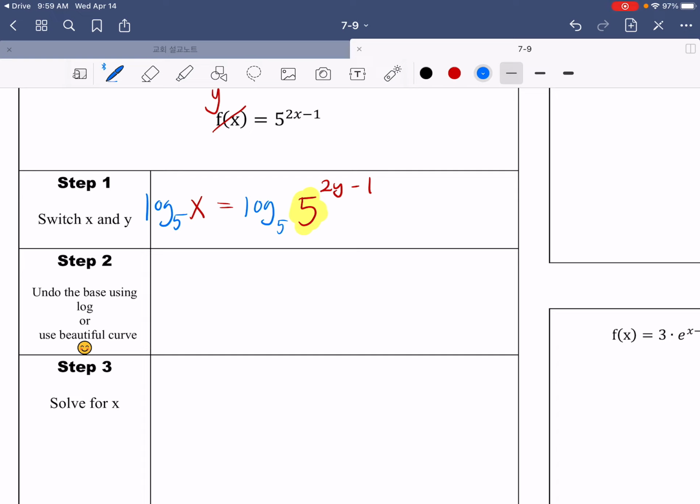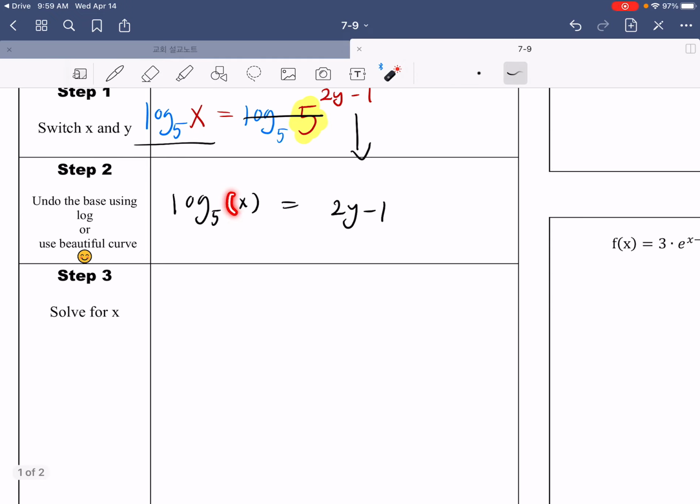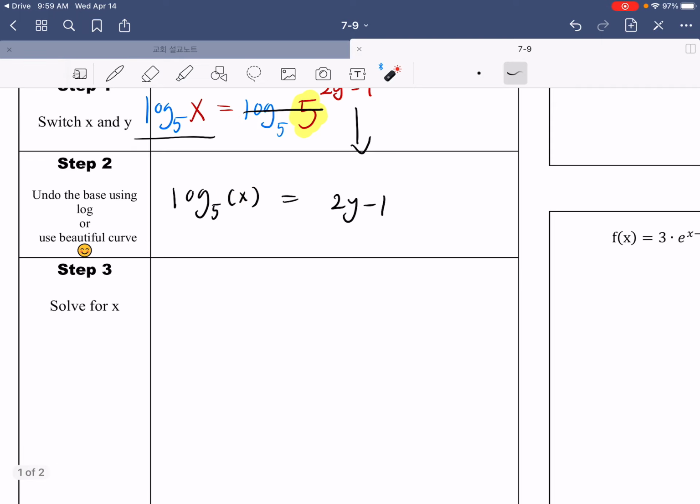And as you know, if the base and this number are equal to each other, this one cancels out and you can just put the exponent down, which is 2y minus 1 equals, but this one we still have log base 5 of x. I'll put this one into parentheses because you don't want to get confused, okay?